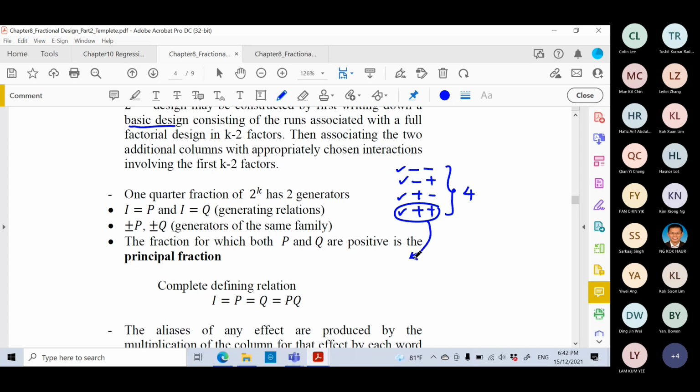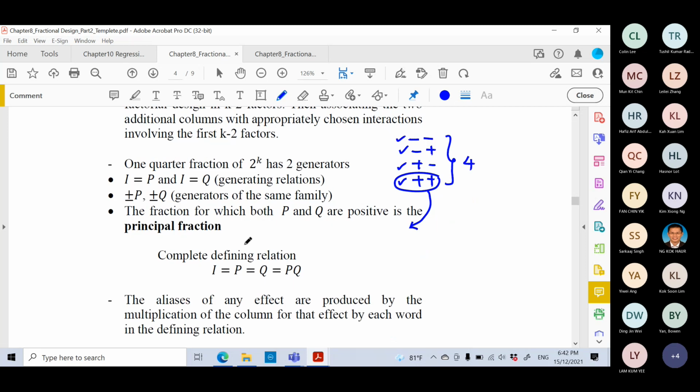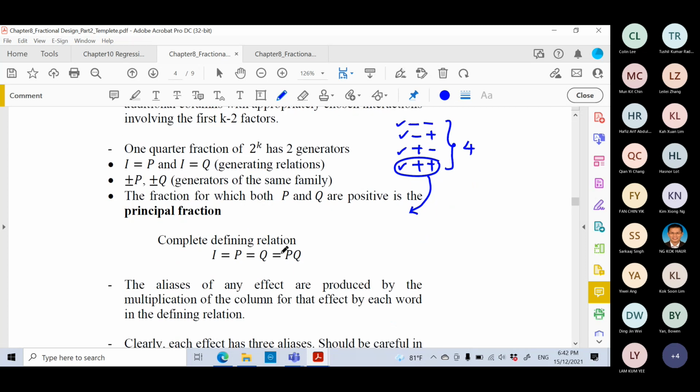Under the 1/4 fraction design, the complete defining relation is no longer just one word. The complete defining relation will be given by I equal to P, equal to Q, equal to the interaction of these two, the product PQ.